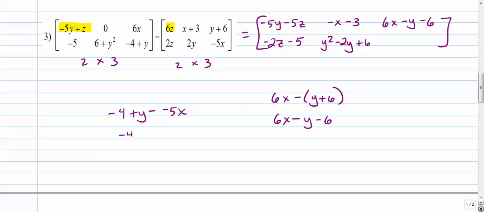So that's -4 plus y plus 5x. Put it in standard form, you get 5x plus y minus 4. Again, your result is also a 2 by 3: 2 rows and 3 columns.